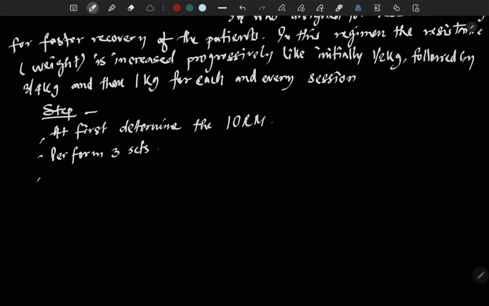The first set is 10 repetitions at 50% of 10 RM.